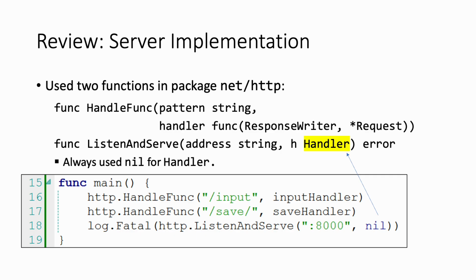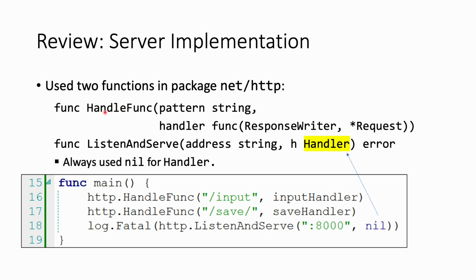Before we begin with building interface for web programming, let's review how we implemented web servers in the Introduction to Web Programming series. In the previous examples of web servers, we always used two functions in package net/http.